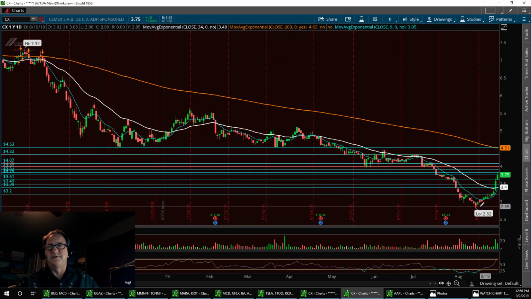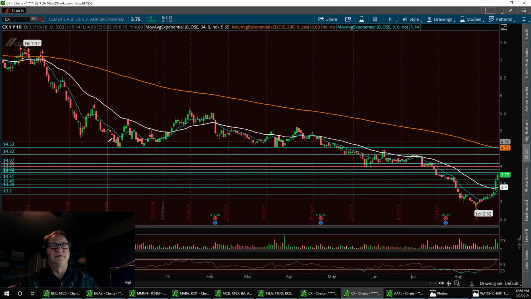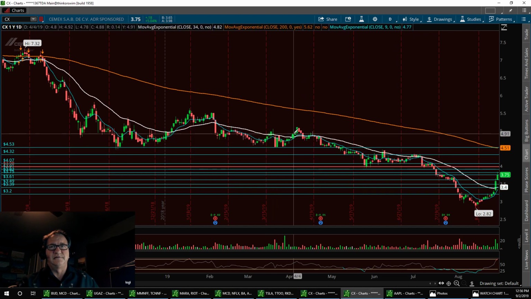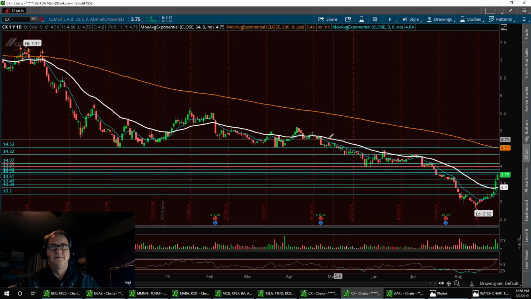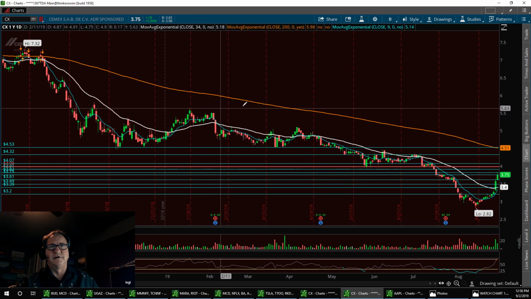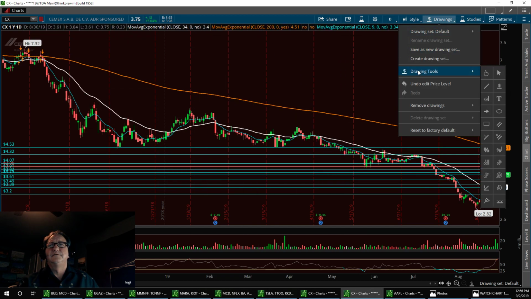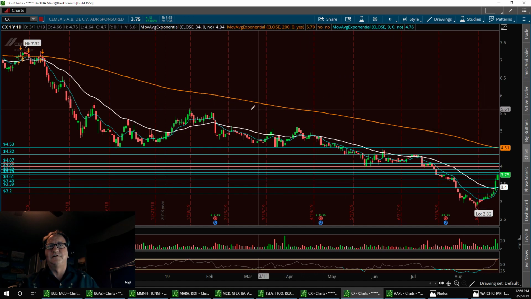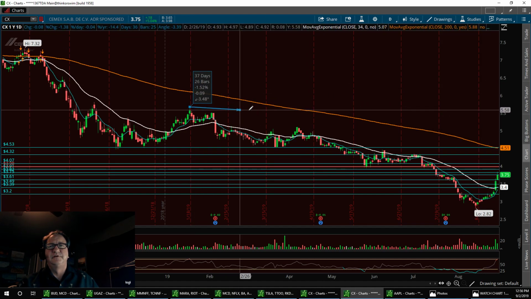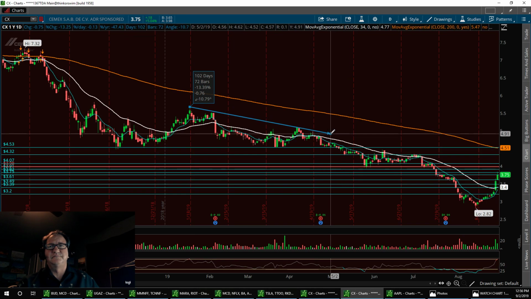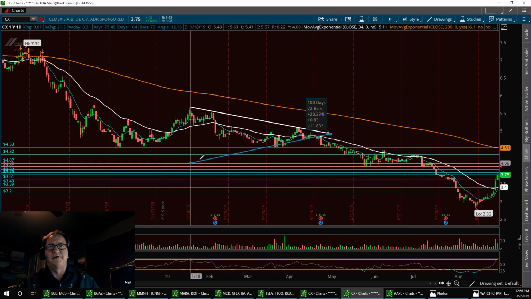For right now, because of the pullback, we've come down here a couple times and tried to hit that. And then finally it just gave up. You see the descending pattern right here. So when you're doing these trend lines, you got to be identifying these patterns, and a lot of these sell-off patterns.